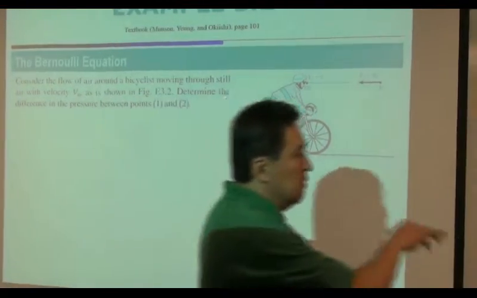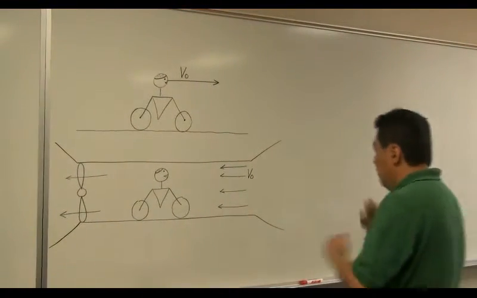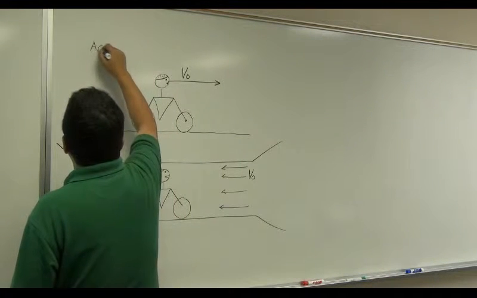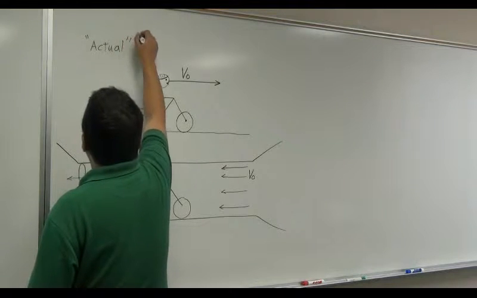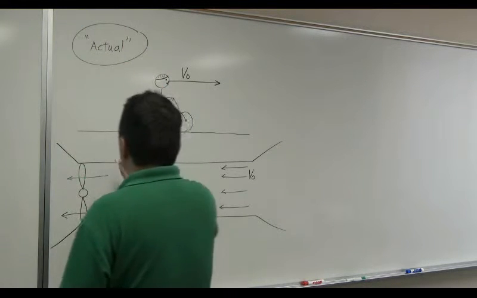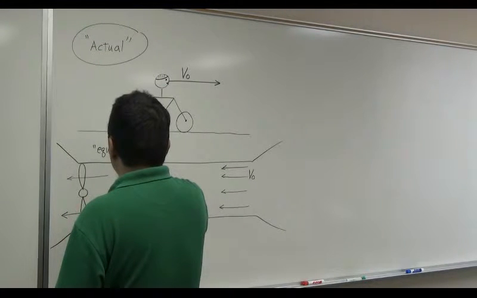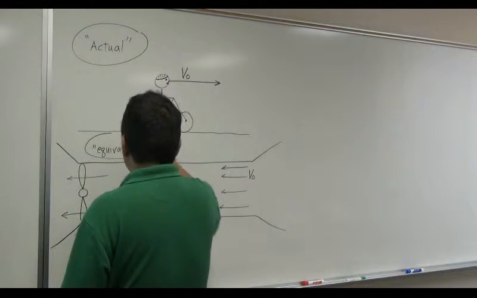So I wanted to draw two figures here to emphasize what it really means to have a difference between the actual situation versus the equivalent situation. This is an equivalent situation.